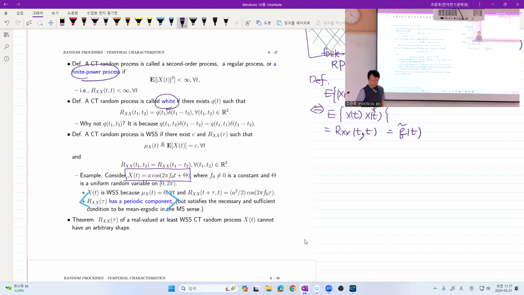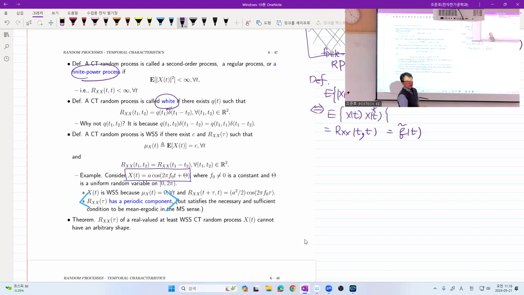And not only that strange thing, but also your autocorrelation function becomes what? Becomes periodic function only of tau. So this random process, even though its sample path is always cosine function, is wide-sense stationary.